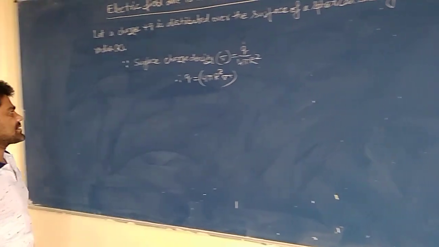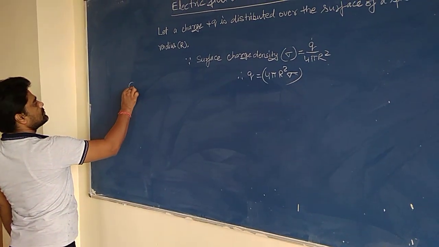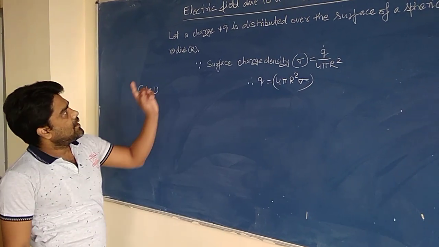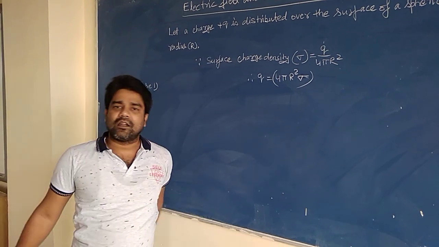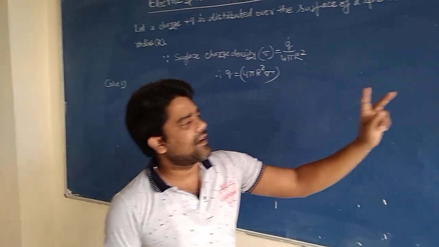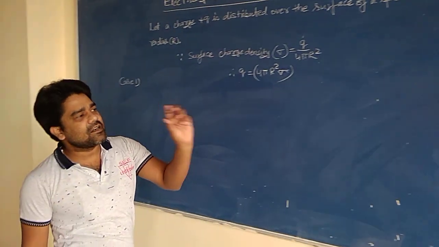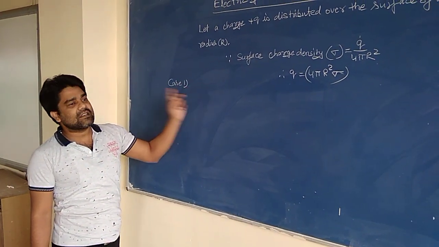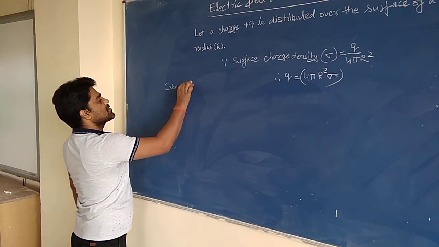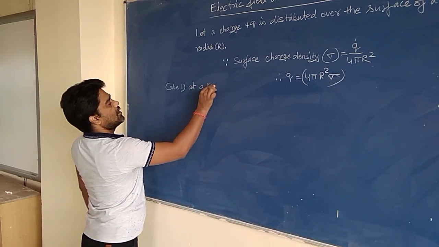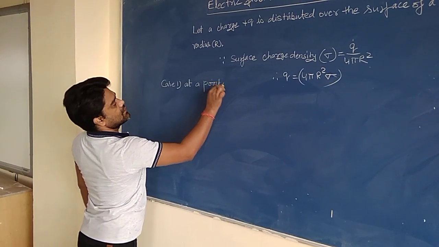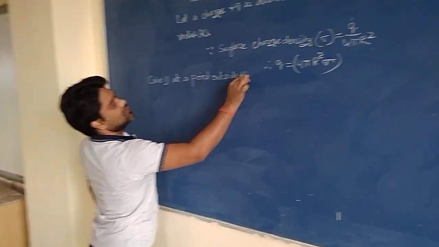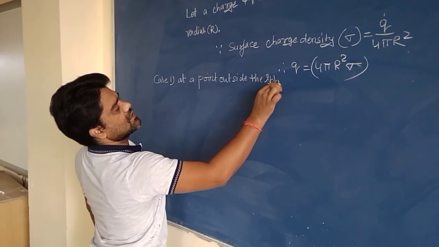So first case. Remember dear, we have to determine the electric field at three different positions due to a thin spherical cell. First one is at a point outside the spherical cell.